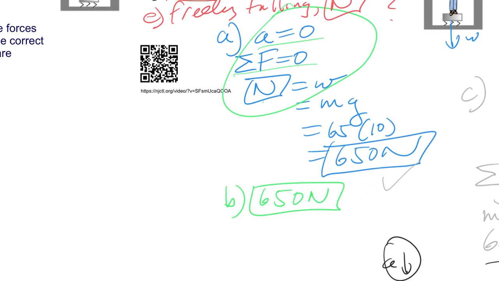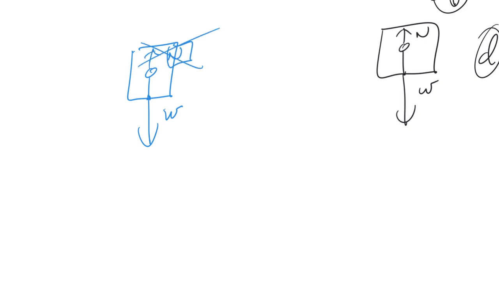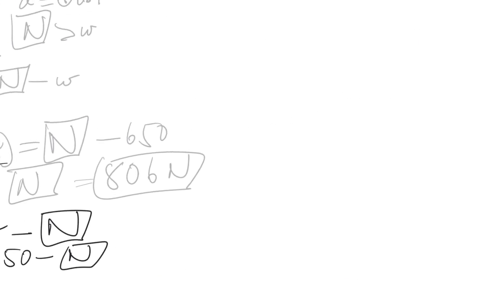Well, if she was freely falling, the only force acting on her would be her weight. Normal force would not exist. So what would be the normal force? Normal force would equal 0 if she's freely falling.